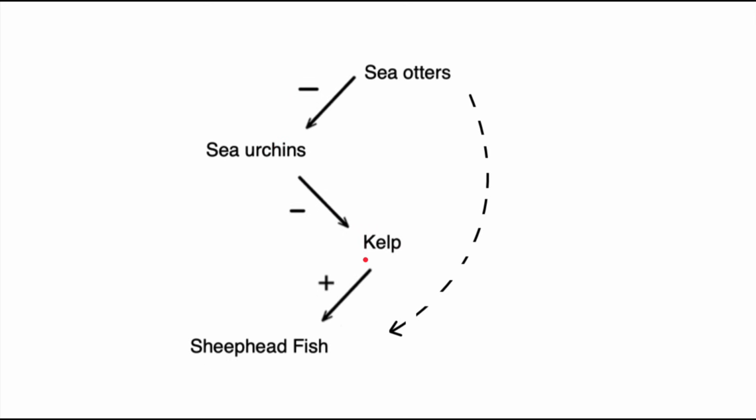But if there's more kelp, there's more sheephead fish. So even though sea otters don't directly interact with sheephead fish, the more of these we have, the more of these we have, so the indirect effect is therefore a positive one. Okay, thanks for watching, and I'll catch you in our next unit, Unit 2 on biodiversity.